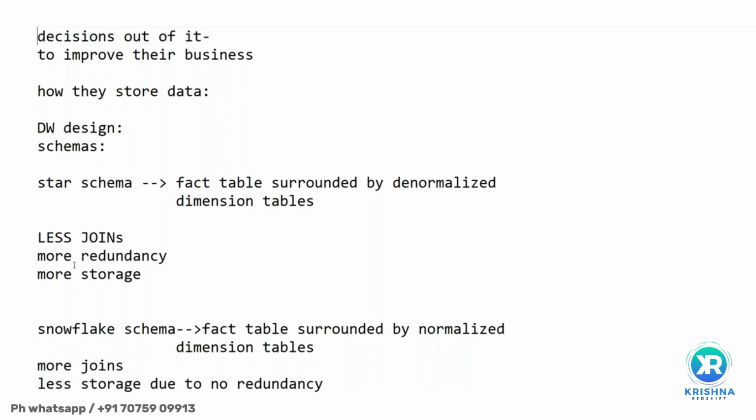Yeah, sure. In the fact table, majorly it will be numeric data which is used for reporting, and it will have almost all the primary keys, and these primary keys will be available in the dimension table as foreign keys.